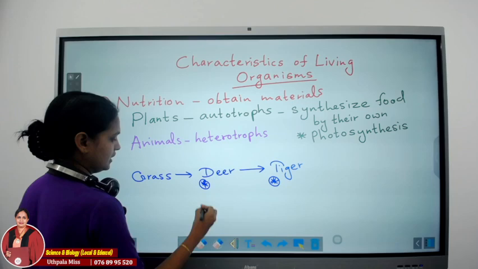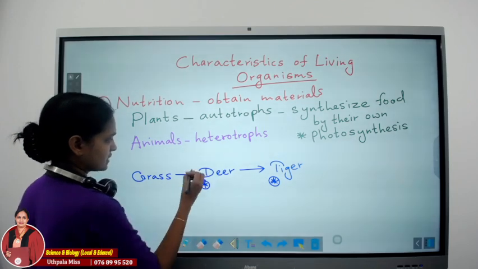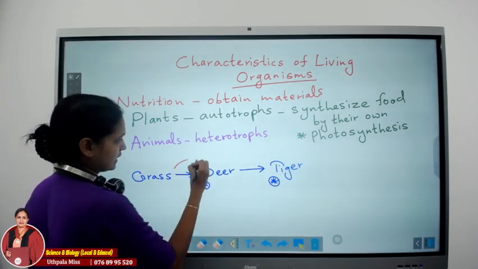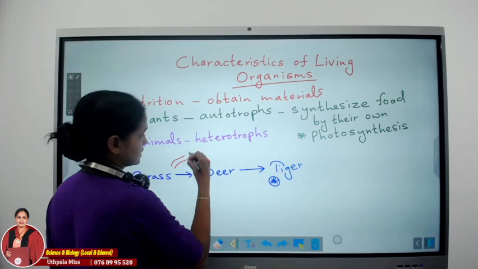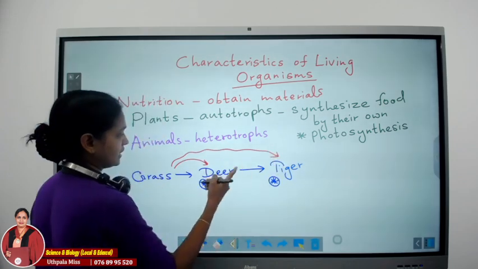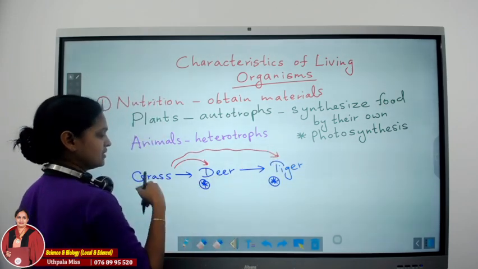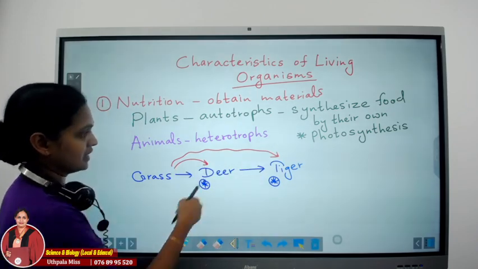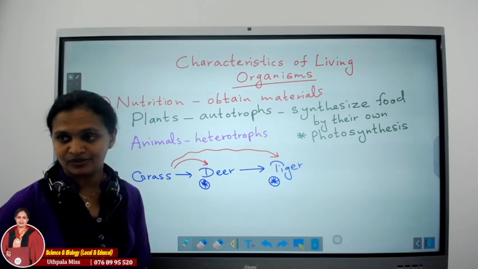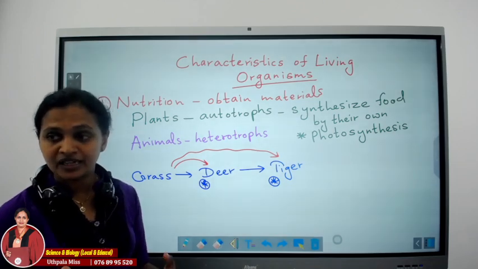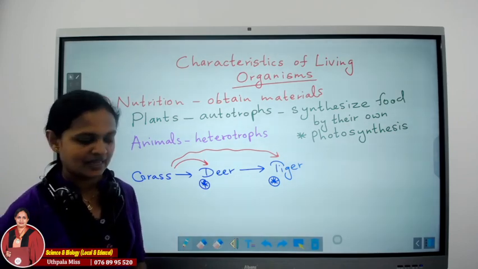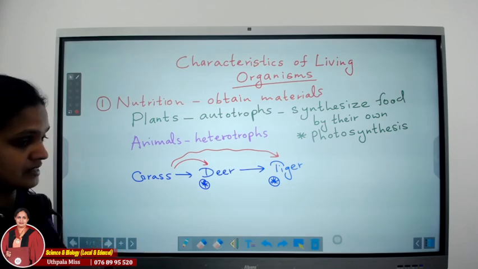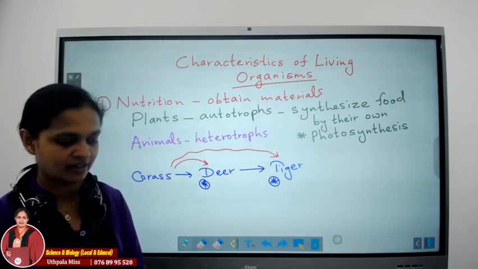The deer depends on grass, the plant material, directly, and the tiger depends on grass indirectly, because the tiger depends on the deer, which depends on grass. Therefore, the tiger depends on grass indirectly. So the animals depend directly or indirectly on plant materials. That is the first living characteristic that we have mentioned.